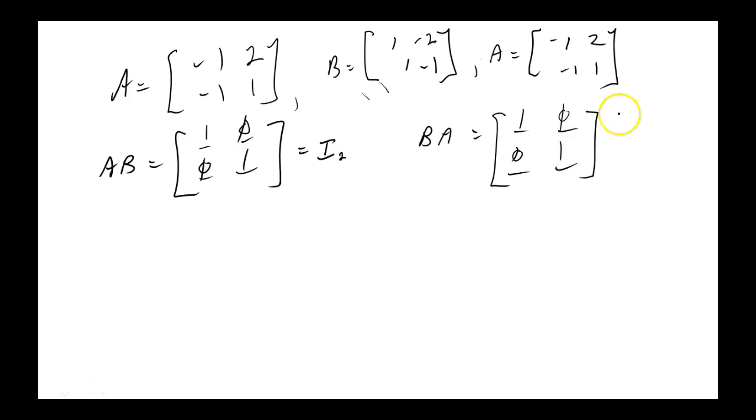Sure enough, that's also the identity matrix, the 2 by 2 identity matrix. So certainly these are inverses of each other. Can it be that one of them will turn out to be an identity matrix, but when you commute it, it won't? I've never seen it happen, but they always do both of them just to see.